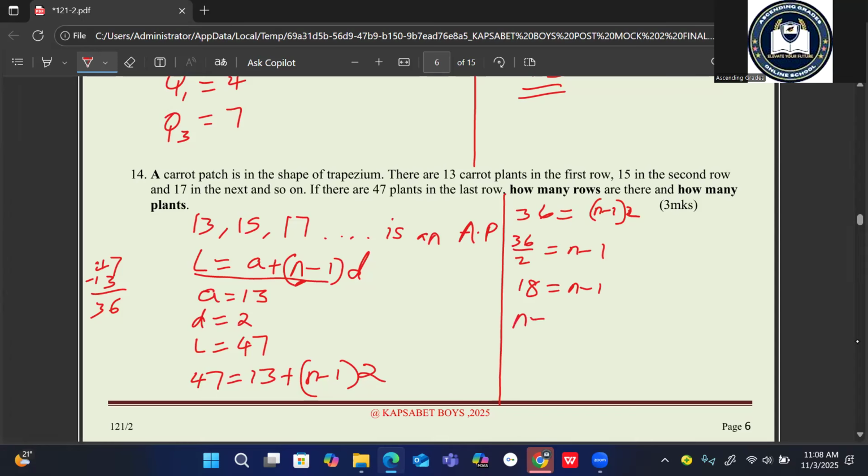So our n should be equal to... sorry, 47 minus 13 is 34.